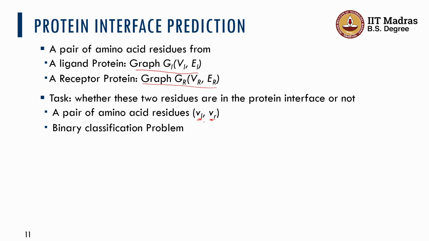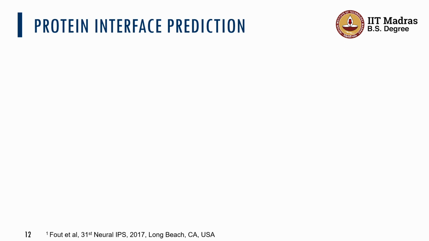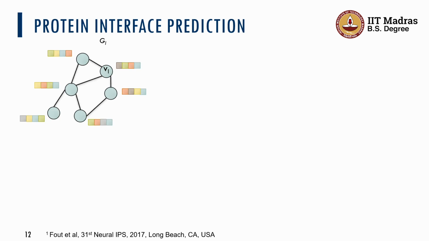Based on these vertices, we want to classify, and it will be a binary classification because we have either 0 or 1, corresponding to whether they are in a protein interface or not. Using this binary classification problem, we can solve the protein interface prediction problem.